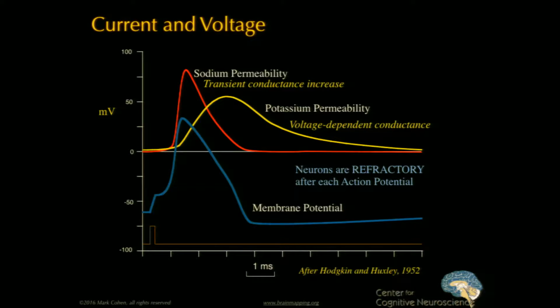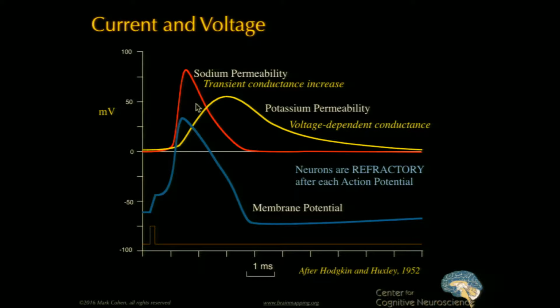What they showed is that if you depolarize the neuron enough, all of a sudden the neuron becomes permeable to sodium. The sodium, which is in high concentration outside, comes rushing inside and makes the neuron more positive. And just about as quickly, the potassium current goes up, which now is going to push the neuron the other way, towards more negative.